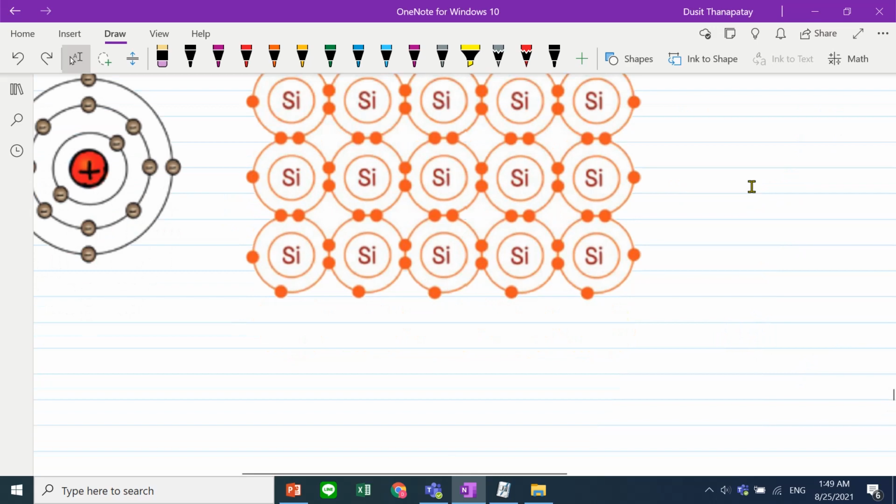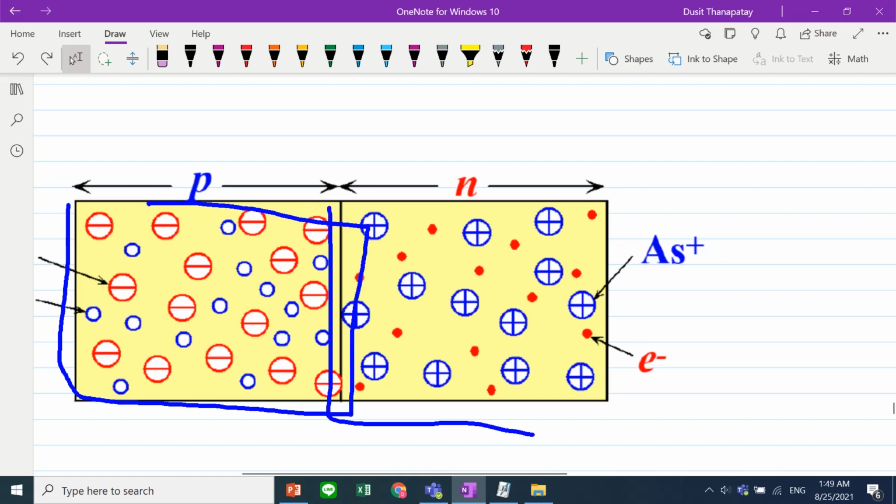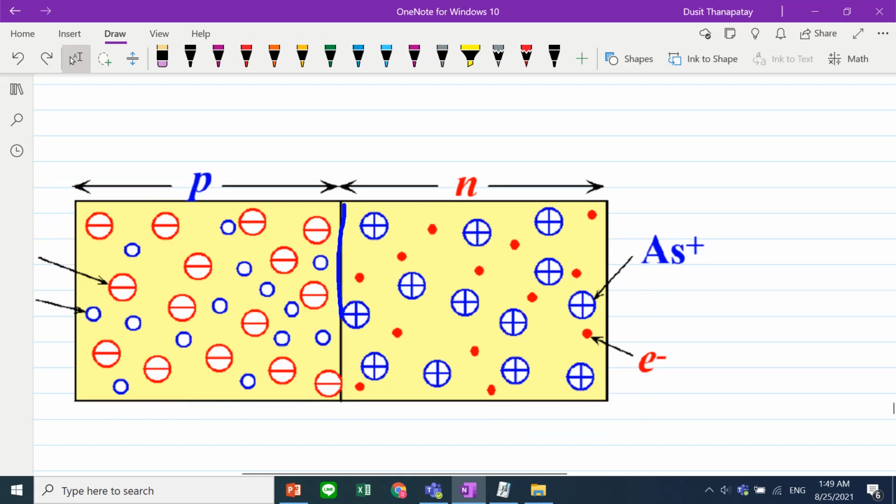So what happens if a P-type semiconductor and an N-type semiconductor make a junction or contact together here? What happened?